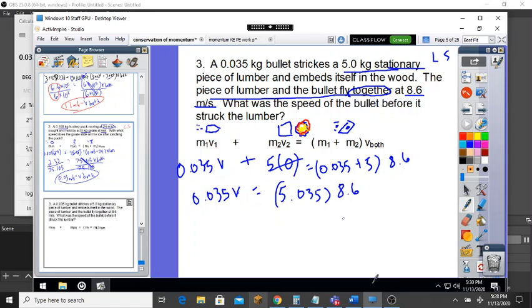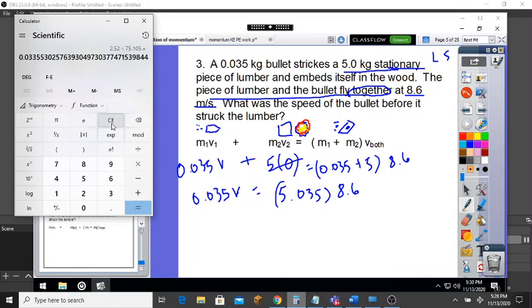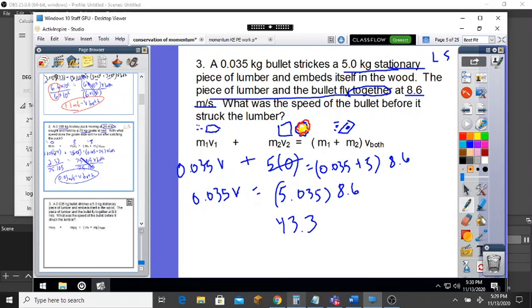We have to multiply these two numbers because that's what the problem is telling you to do. 5.035 times 8.6, I'm just going to say 43.3.